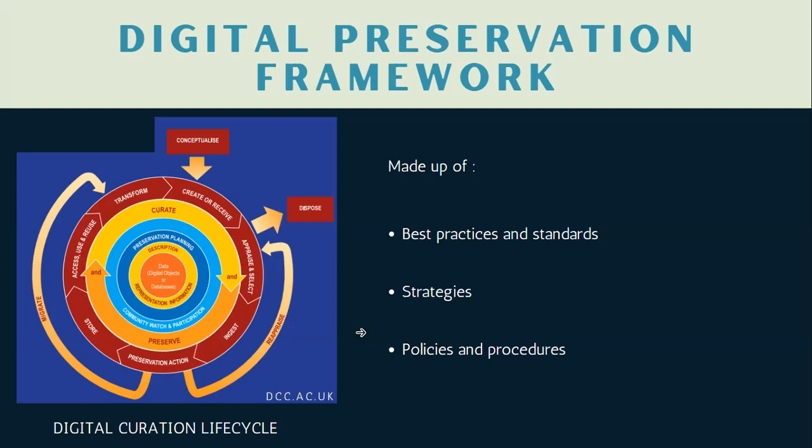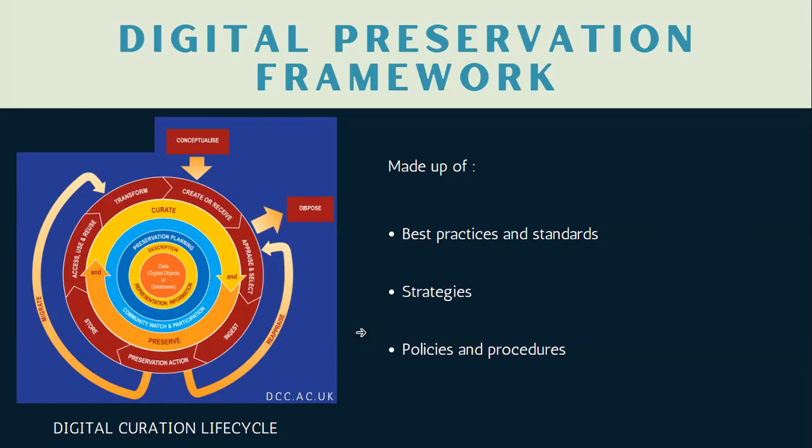So in the full life cycle, there's description and representation information. There's also preservation planning. There's community watch and participation, which is related to access and people being able to access your digital information. And then there's curate and preserve.